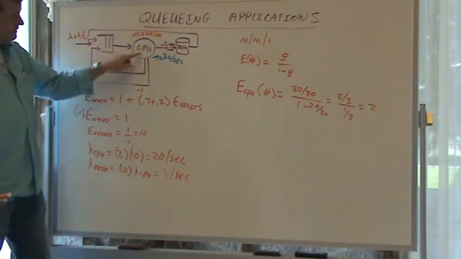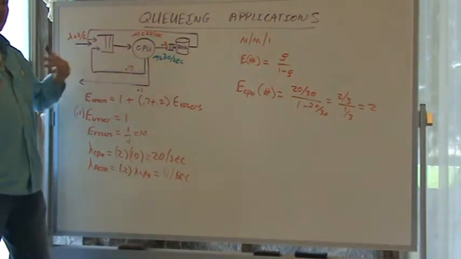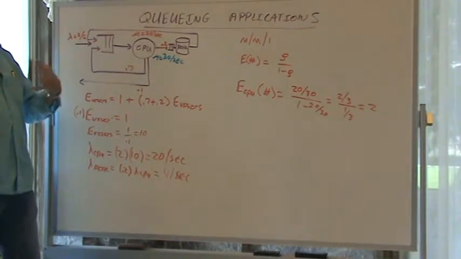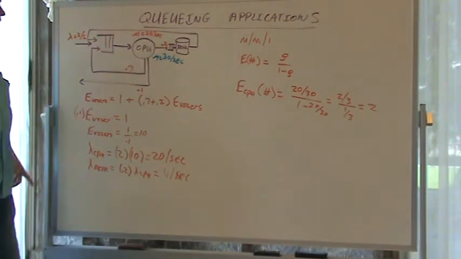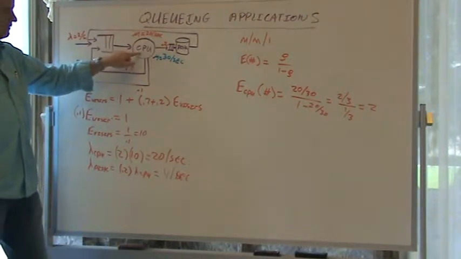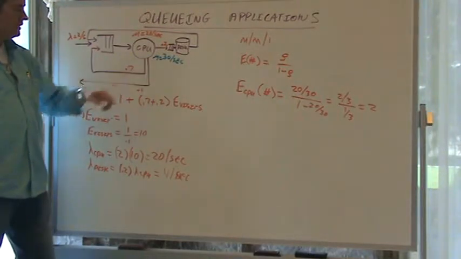So we're going to visit this thing and, on average, see 2 customers in front of us. Then a total of 3 customers have to be processed for us to get out the door. This thing works at a speed of 30 per second.